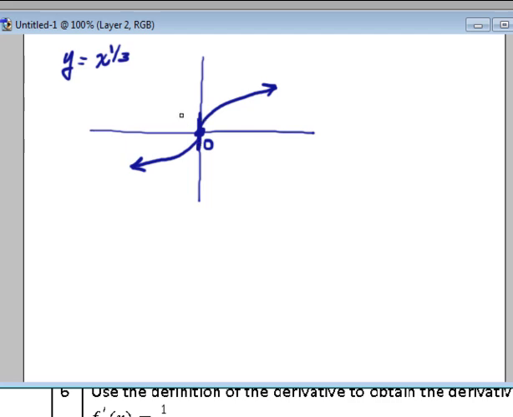Slope infinity, so the slope of this line is infinite. And that's why the derivative does not exist, because here we have an infinite slope. So this is one type of situation where a derivative doesn't exist: if the tangent line is vertical.